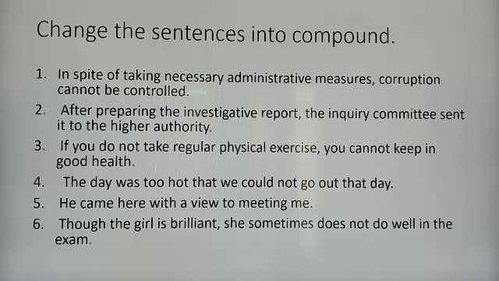Number 4, the day was too hot that we couldn't go out that day. Too hot, too is an adverb, you see, then adjective hot. Sorry, there is a mistake in the example. It should not be too, it should be so.